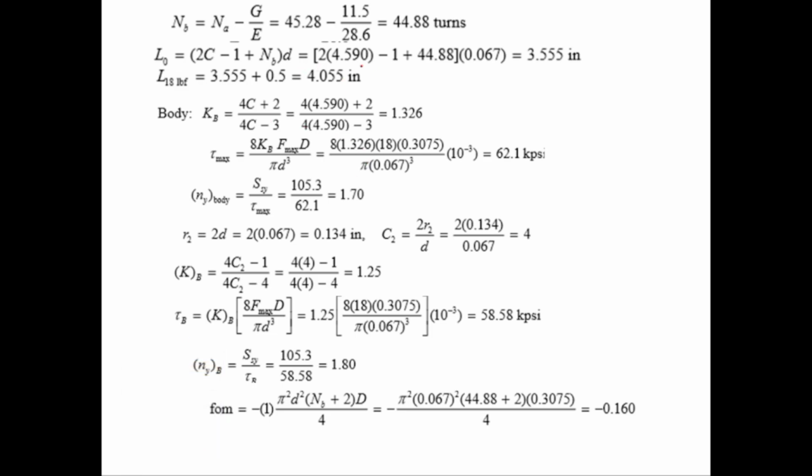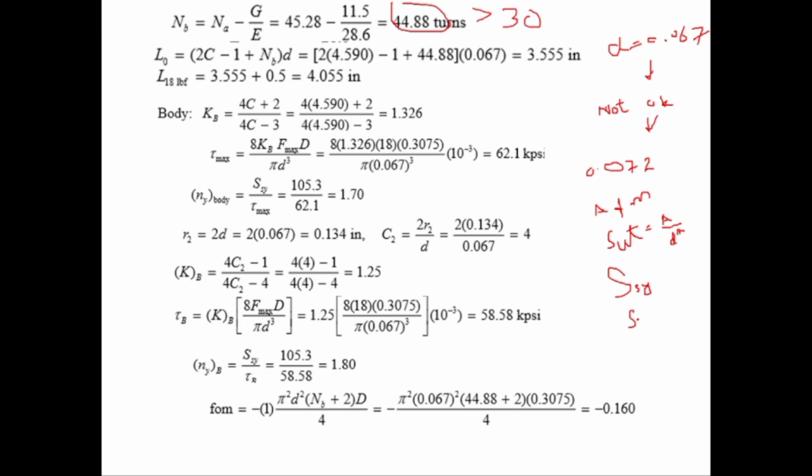As I already told you, Nb is greater than 30, so it is not satisfying the condition, so we should go for another wire diameter of higher value than this, and that can be 0.072 inches, and solve the problem for 0.072 inches wire diameter. Like, first find the values of A and m from the table, and then find the value of Sut using those values, and then find Ssy and Sy from Sut and Table 10.7 for percentage.